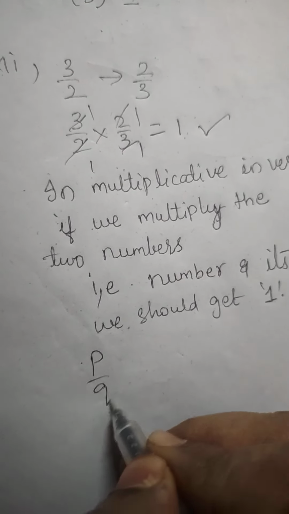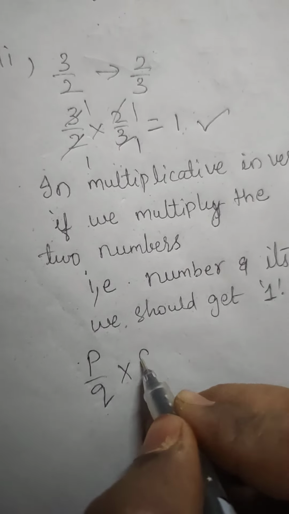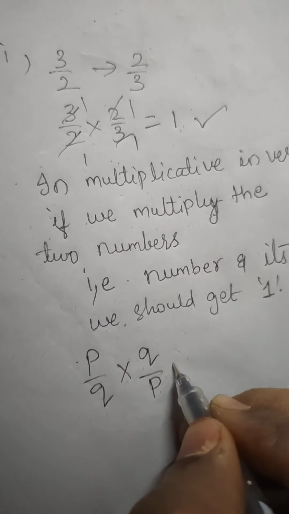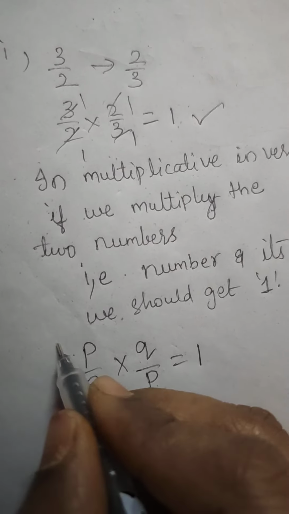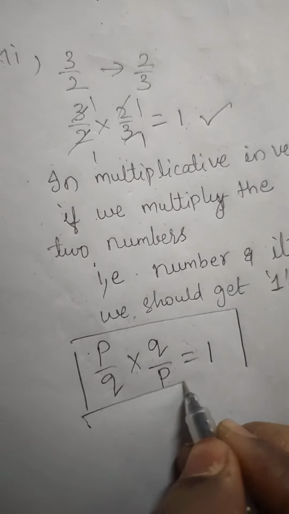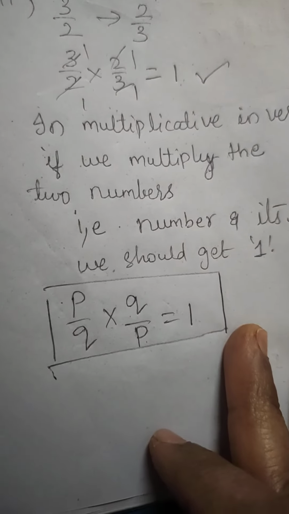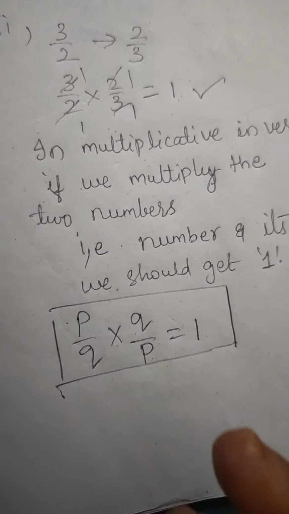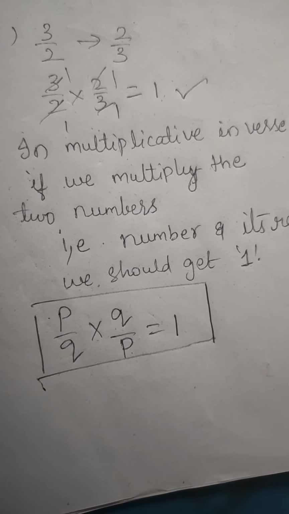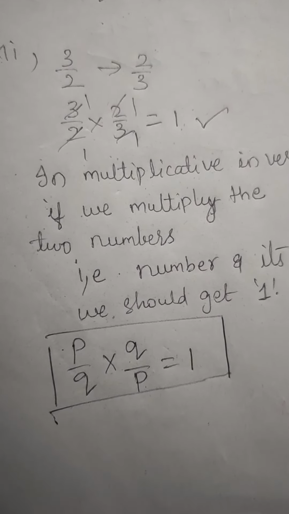If I take p by q as a number, then if it is multiplied by its reciprocal, we should get 1. This is the multiplicative inverse. I hope you have understood these concepts.